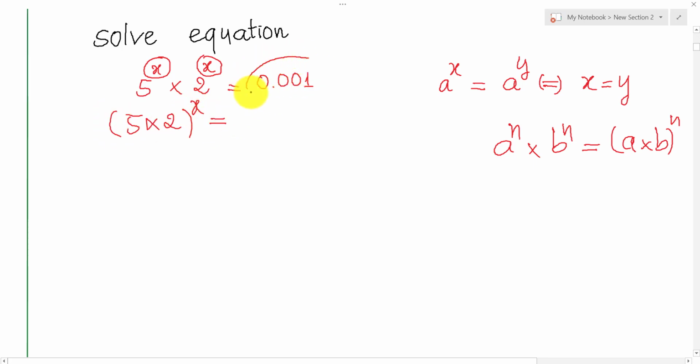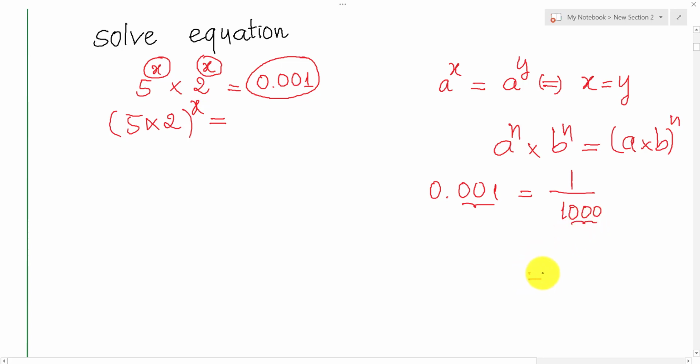We know 0.001 I can write as 1 over 1000, since this has 3 zeros.